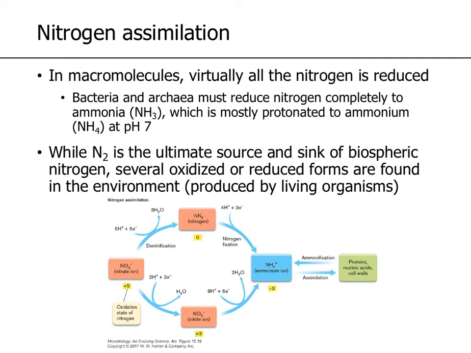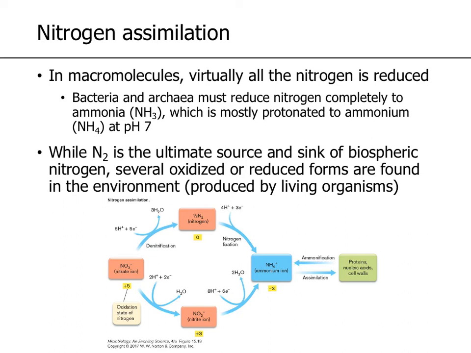So while nitrogen is the ultimate source and sink of biospheric nitrogen, several oxidized or reduced forms are found in the environment and produced by living organisms. So we talked about this several times before about how different bacteria in the earth can fix nitrogen, but not all of them can actually fix the N2 gas, right?